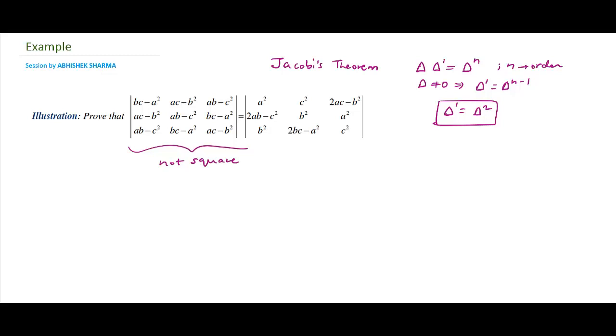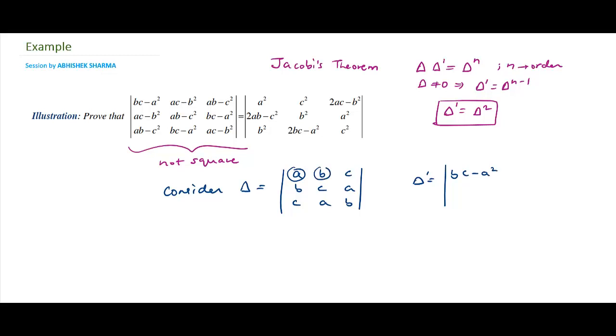So here we need to know a fact. Consider a determinant delta which is our standard symmetric determinant: A, B, C; B, C, A; C, A, B. Now find a determinant whose elements are the cofactors of the elements of this determinant. If I look at the cofactor of A, I'll get BC minus A square.